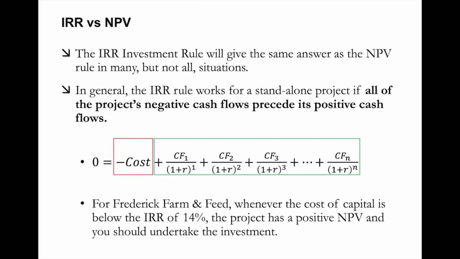So for Frederick Farm and Feed in the previous example, when the cost of capital, the discount rate, is below 14%, the project had a positive NPV and you would undertake the investment. And we can see this more obviously on the next slide.